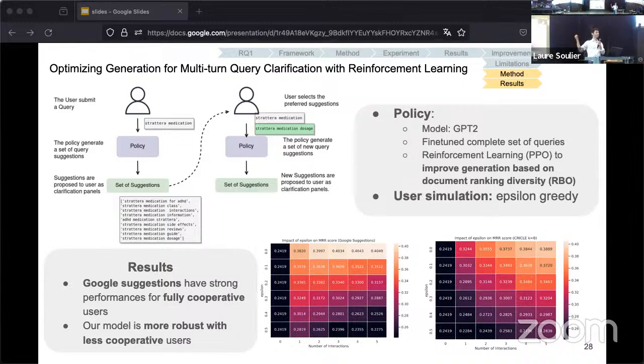So here the data is generated by the retriever. Basically, for a given generated query, we retrieve documents, and then across all the queries, we estimate the diversity score. But yeah, to adapt to users, it's different because you have to adapt to what the user wants.